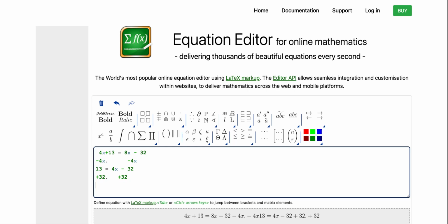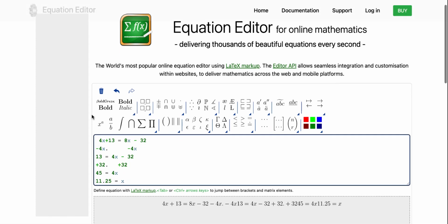What's 13 plus 32? That's 45. 45 equals 4x. And then, of course, I got to divide by 4. So I'm going to take 45 and divide by 4, and I get 11.25 for the x.